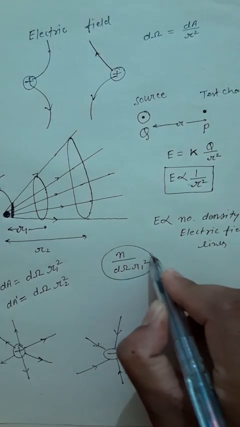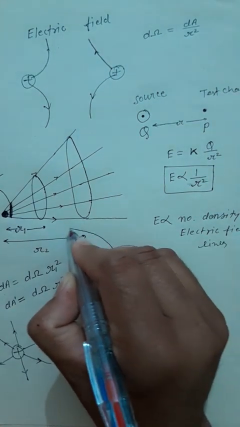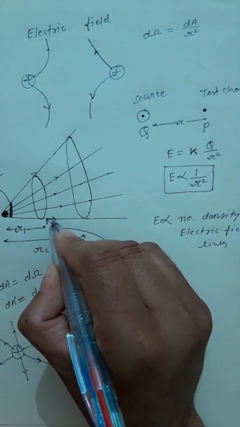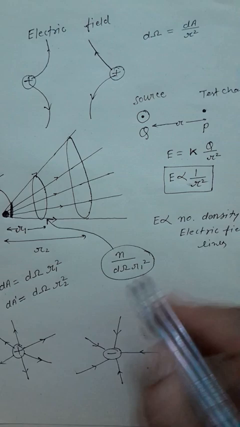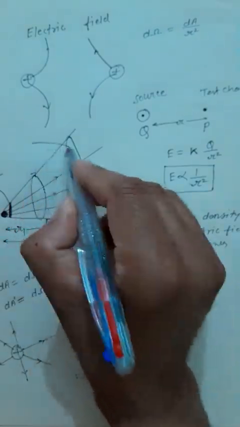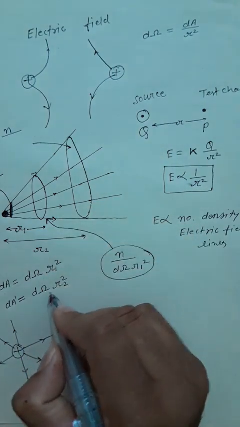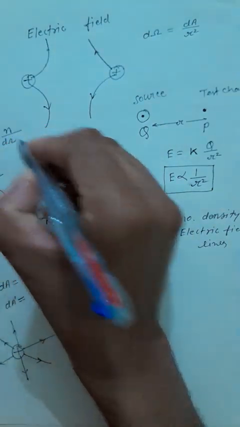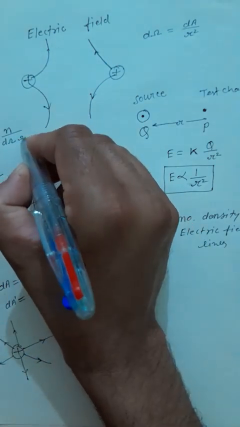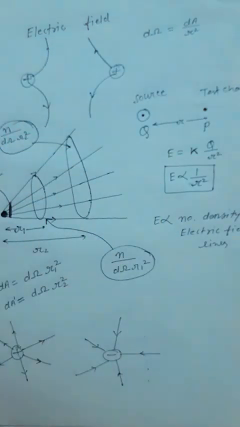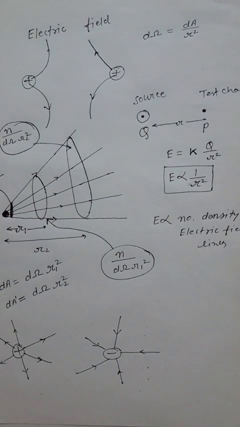This is the number density through this area, and through the other area the number density will be n divided by d omega r2 square. This you keep in your mind.